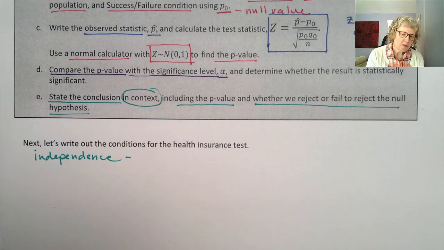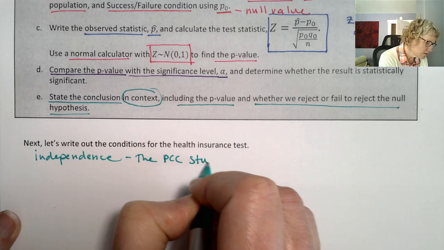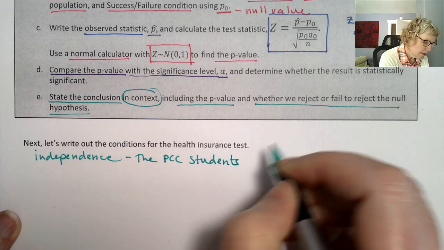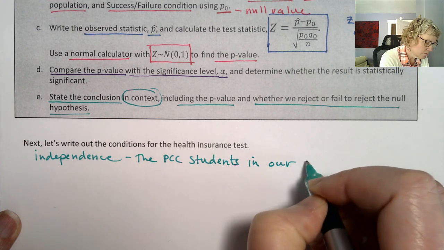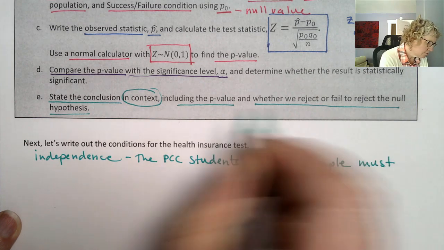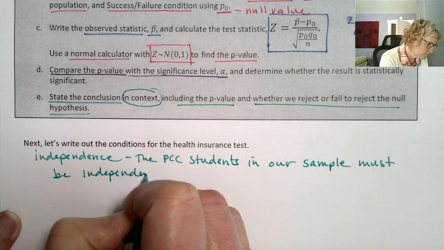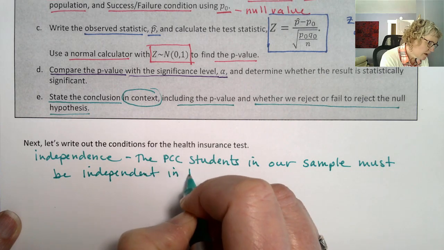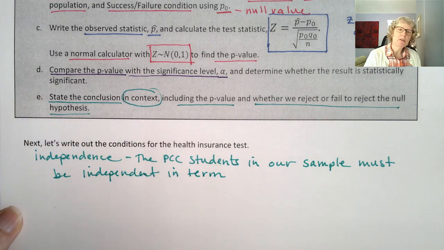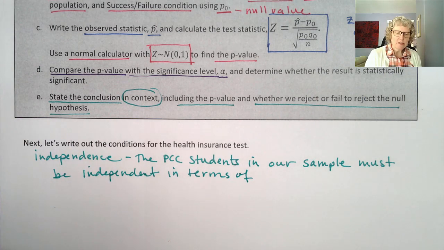So first I'm going to write out what we need for independence. So the PCC students in our sample must be independent in terms of, I always want to write the variable, okay? In this case, we're measuring or recording whether they have health insurance or not.